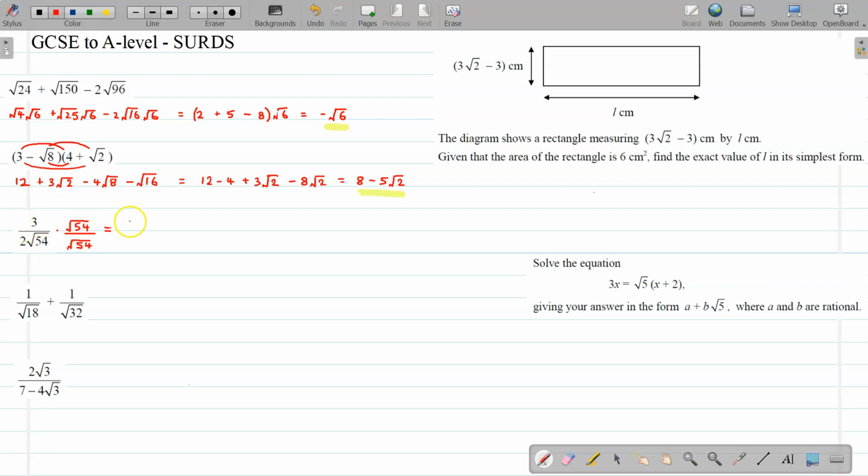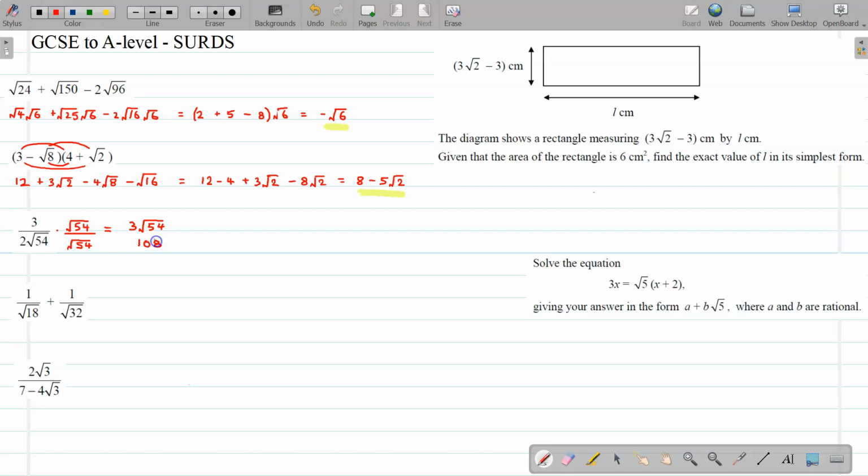Now 3 times root 54 is obviously 3 root 54. And on the denominator I have a root 54 and a root 54 multiplied together to give me 54, times all that by 2, I get 108.